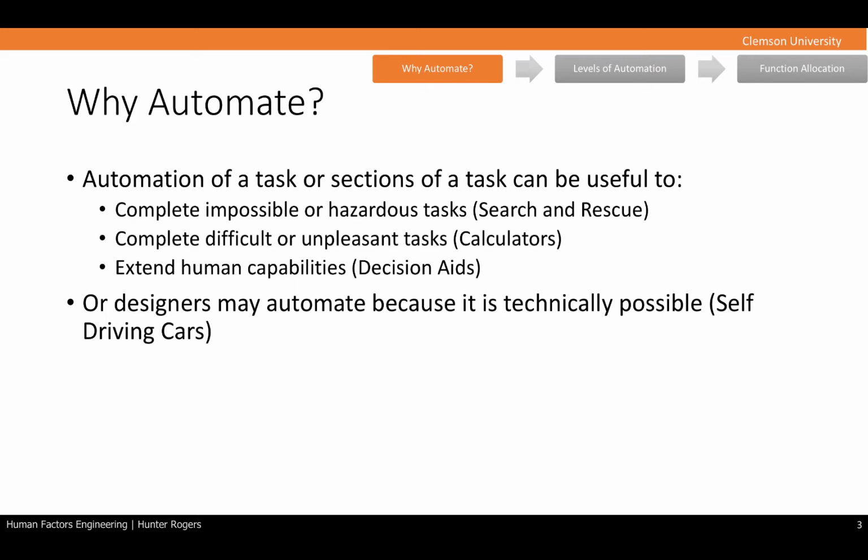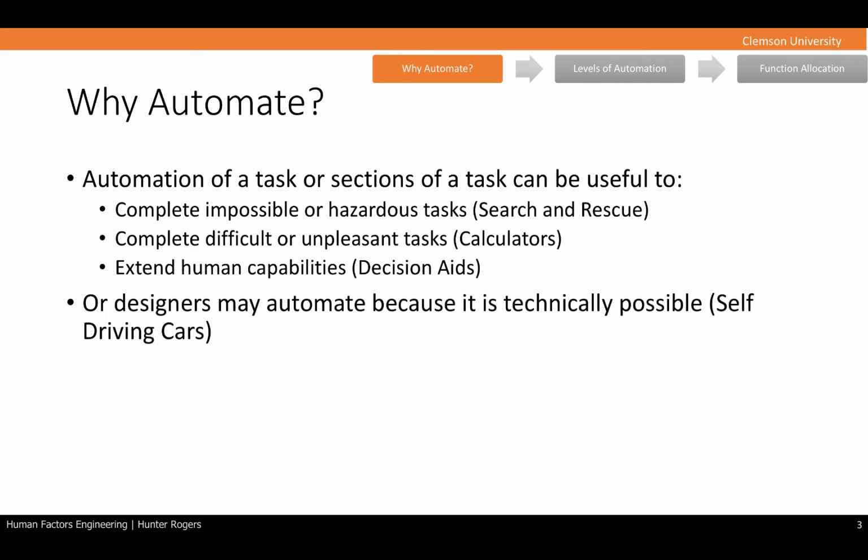So trying to make decisions very quickly, risk perception, that sort of thing. When you're looking at trying to extend what the human is able to do in their daily lives, that's where we automate certain things so that humans can work better, faster, and with a bit more efficiency.